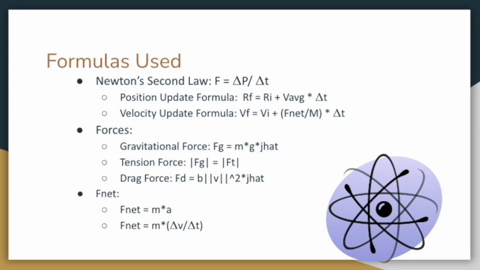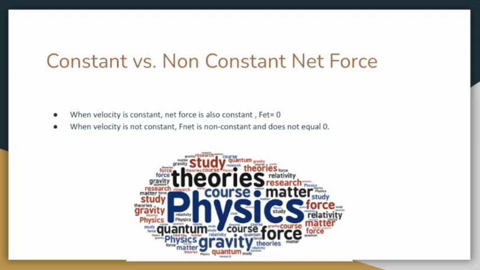F net is equal to mass times acceleration, or mass times the derivative of velocity. For constant versus non-constant net force, when velocity is constant, the net force is also constant. But when velocity is not constant, F net is non-constant and does not equal 0.